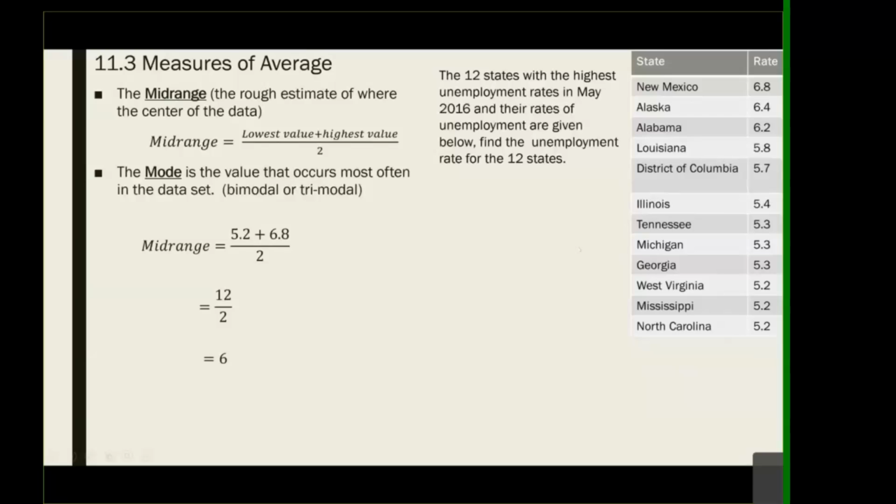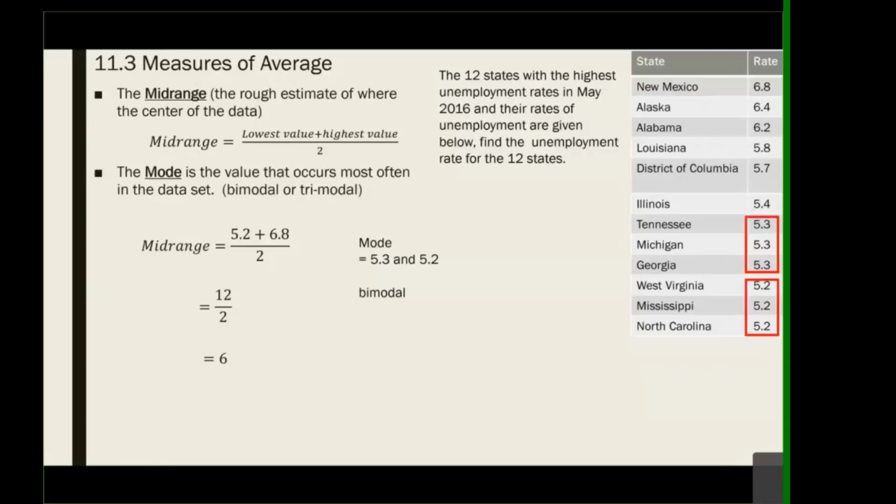And the other one is the mode. If you look at this, what data appears the most? This data is a little bit unique, and that's why I picked it to show you that we have two data that appear the same number of times. If two data appear the same number of times, we have 2 modes, and we call this bimodal. Because 5.3 and 5.2 appear 3 times each, we have 2 modes.